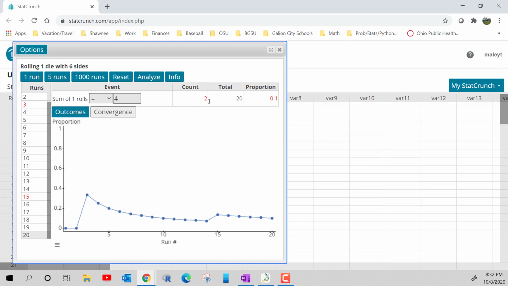So notice this count. This means that out of the 20 times we've rolled a die, we've gotten two 4s, and the proportion would be 2 divided by 20, which is 1/10, or 0.1. This graph shows, with each dot representing a roll, the proportion of rolling a 4 after each roll.